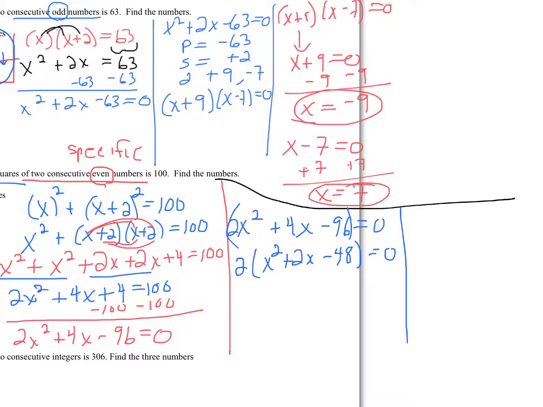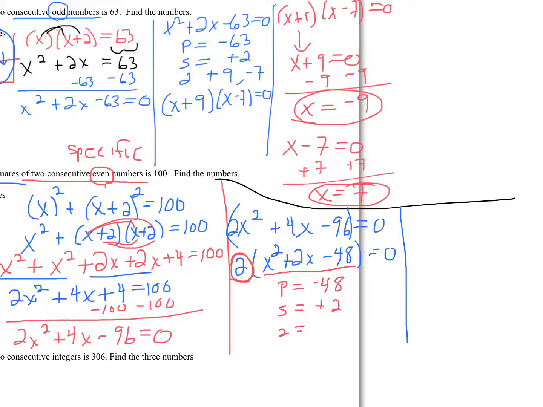Now remember, we're going to ignore the 2 right now and focus solely in here. How would I factor that? Well, we would do product and sum. The product is negative 48. The sum is positive 2.